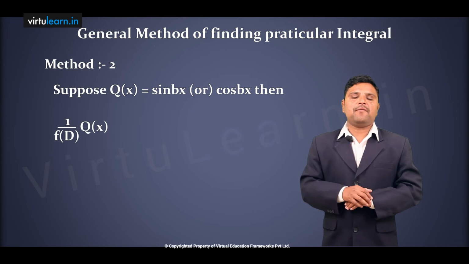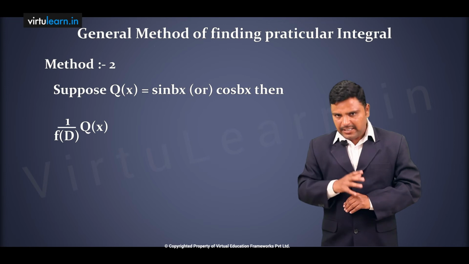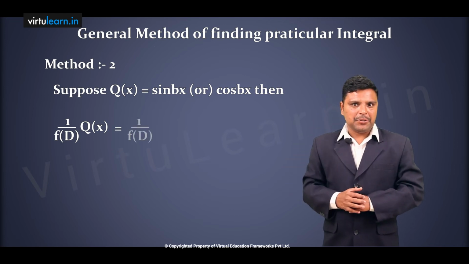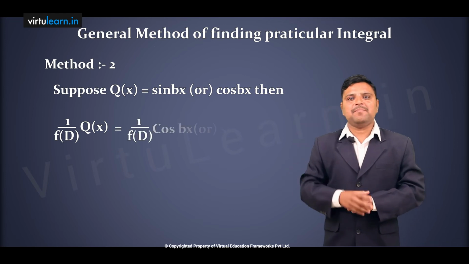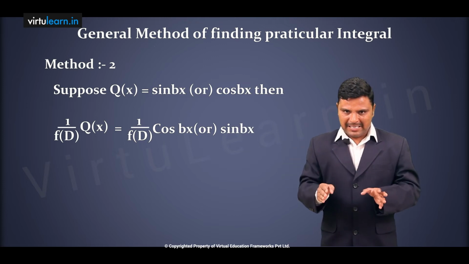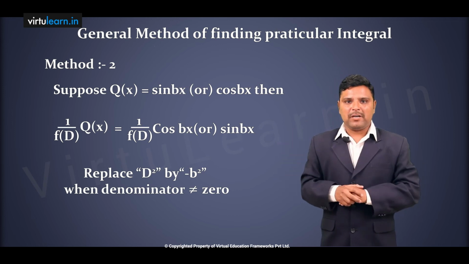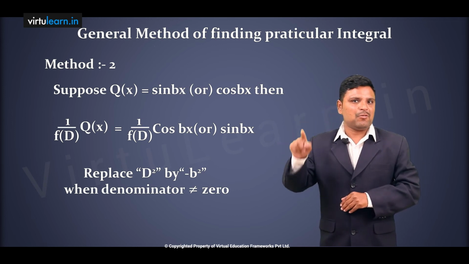In place of q of x, I will write 1 by f of d into cos bx or sin bx. If it is like this, directly replace capital D square by minus b square.